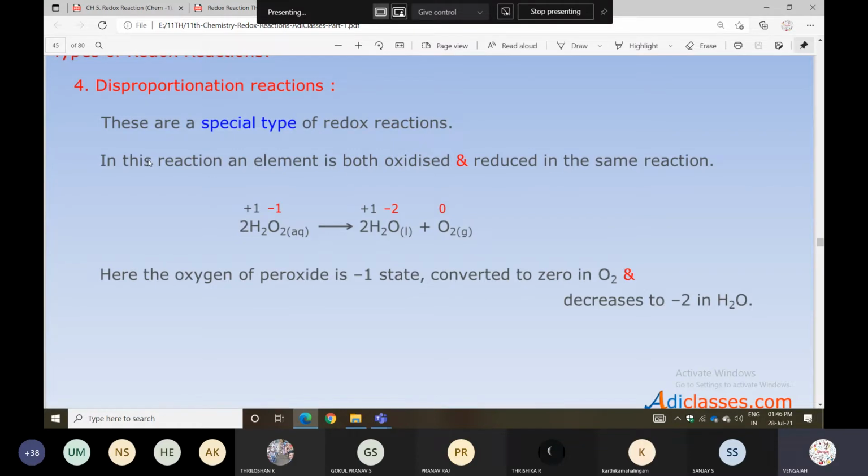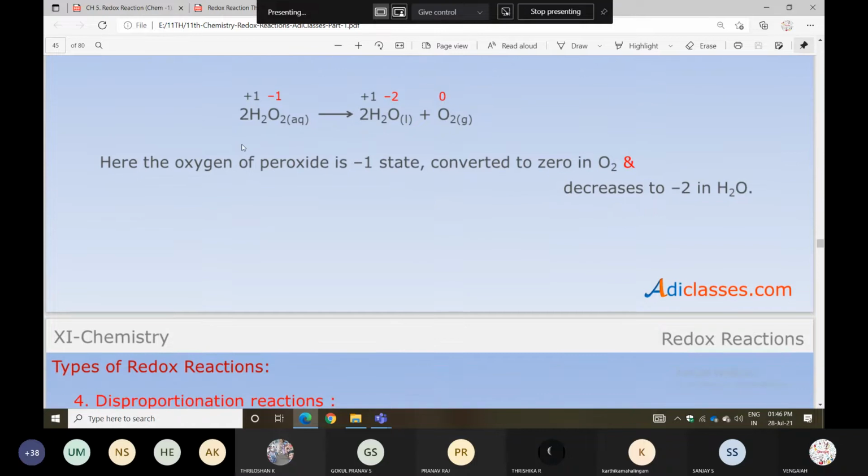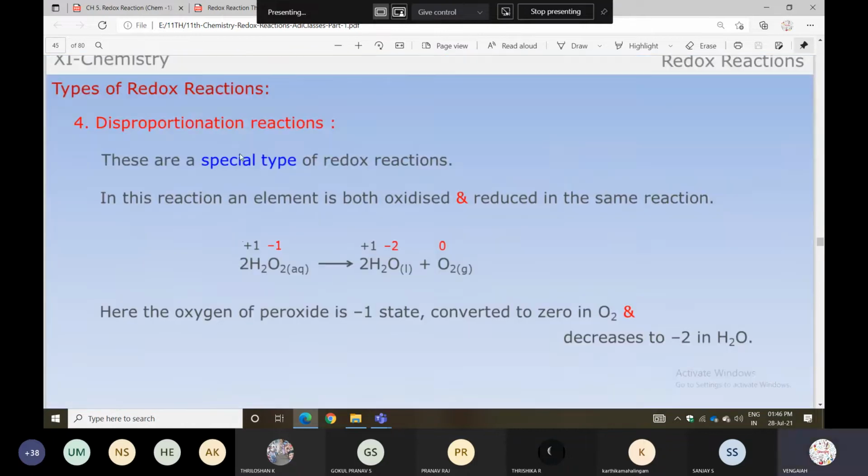Here the oxygen of peroxide at -1 state is converted to 0 in O2. So here an element is both oxidized as well as reduced.